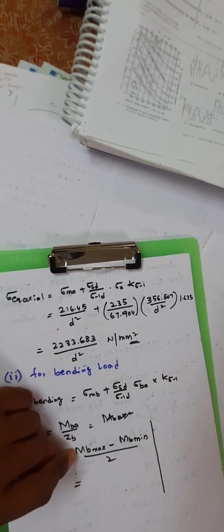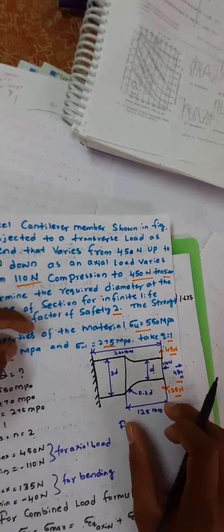before that you find out the maximum bending moment with respect to this reduction, which is at 125 mm.